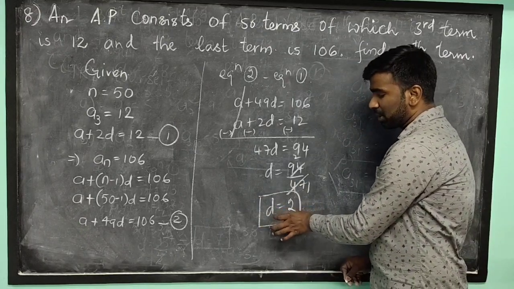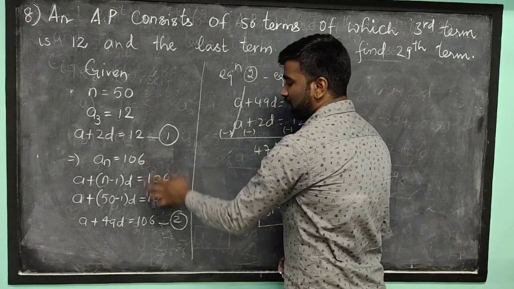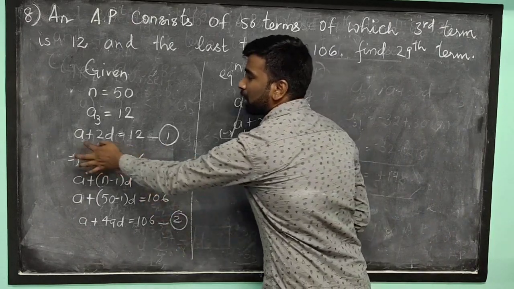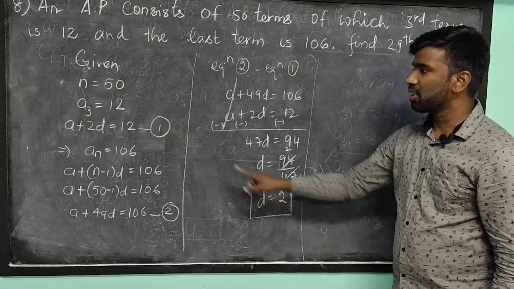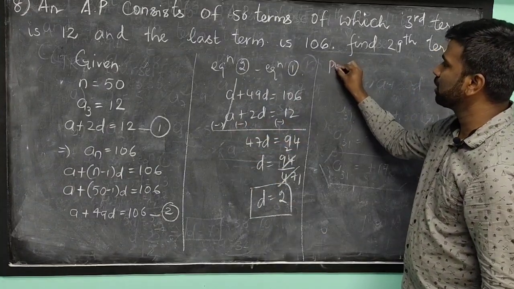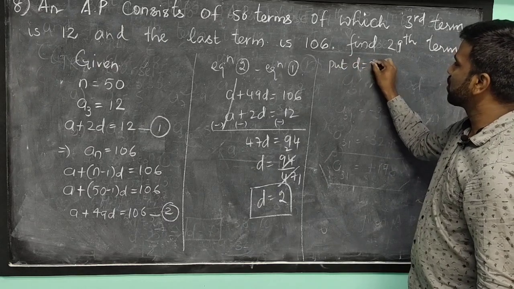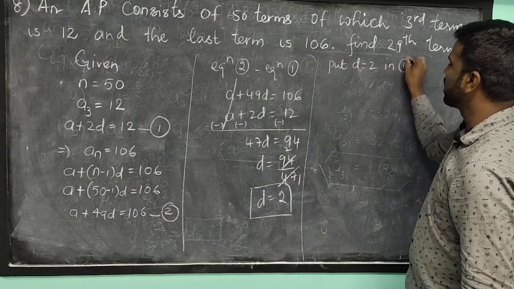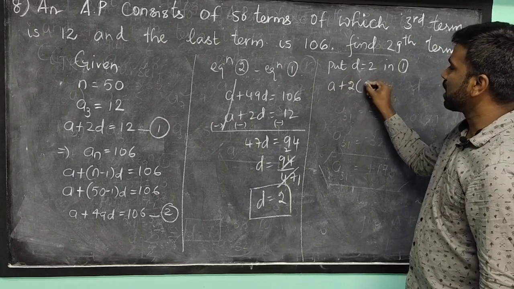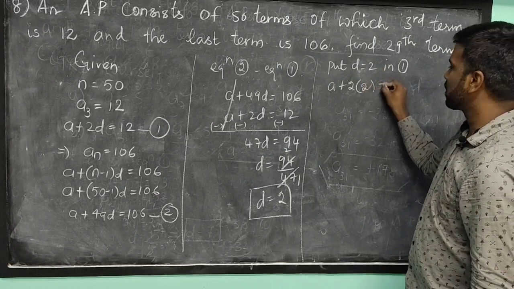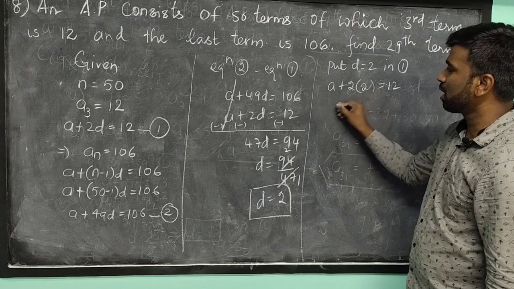Now substitute D equals 2 in equation 1 or equation 2 to get the value of A. Put D equals 2 in equation 1. Equation 1 becomes A plus 2 times D, that is 2, which is equal to 12. 2 2s are 4.